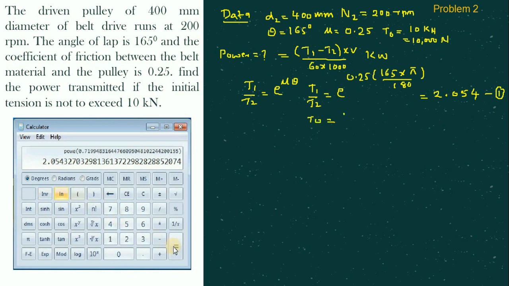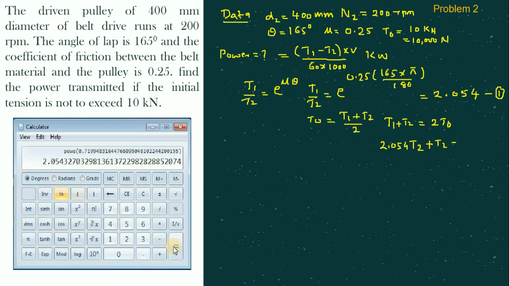And we know one more equation, that is initial tension T naught is nothing but the average of T1 plus T2 by 2. So this is T1 plus T2 is nothing but equal to twice the T naught. Okay, so we know T1 is equal to nothing but 2.054 T2.